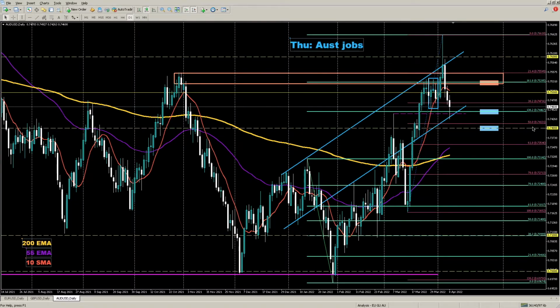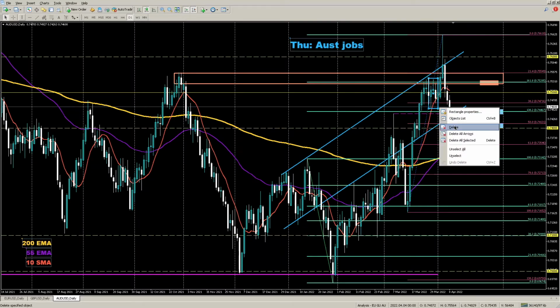This will be the 50 fib area. So yes, this area just around the round figure 74. All right, let's move this consolidation out. That was just waiting for the RBA news.